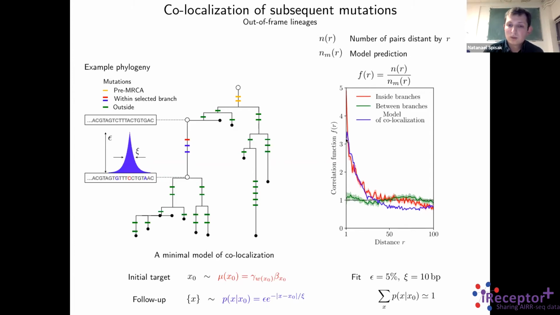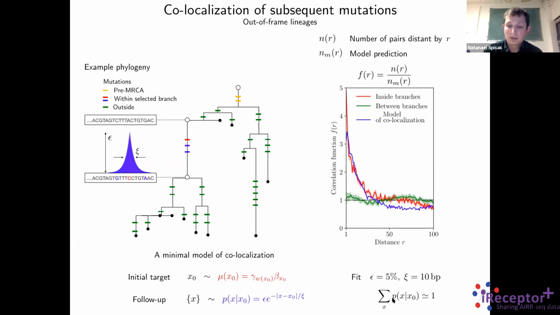And we find that to match the profile we observe in the data, we can do so with parameters that correspond to a correlation length of 10 base pairs and a probability of mutating of 5%, which summed over all positions where follow-up mutations can happen gives us a total probability of order 1.